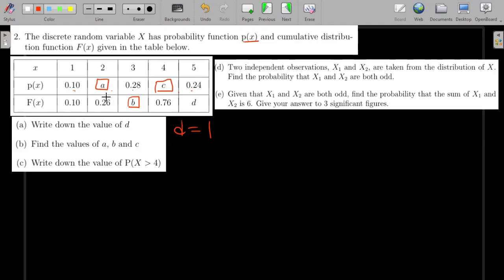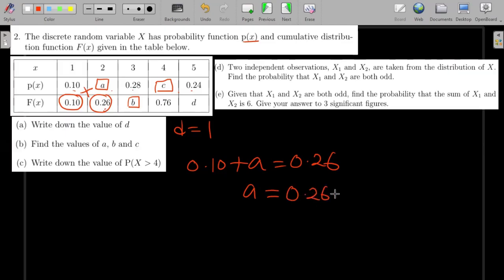And to get this one here, you added this 0.10 plus a to get the 0.26. So you're going to say 0.10 plus a gives a cumulative probability of 0.26. So a is just equal to 0.26 minus 0.10.